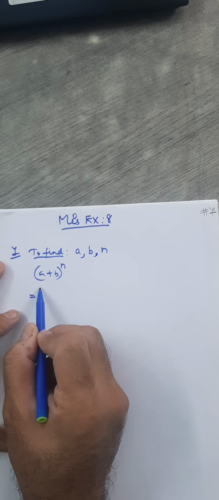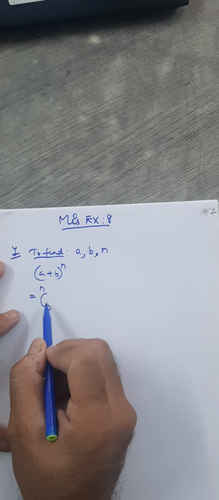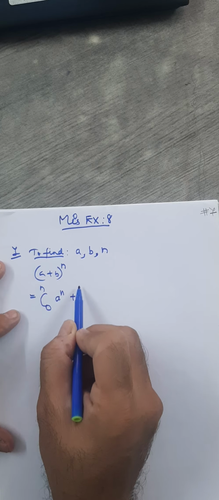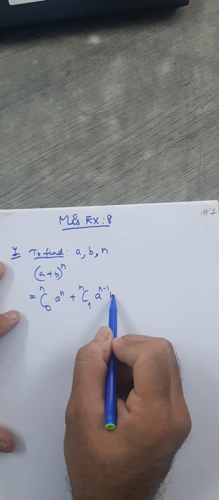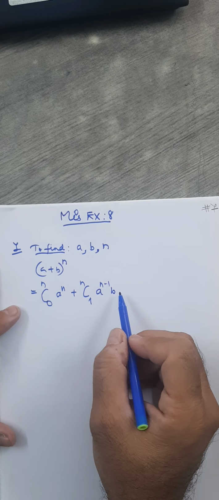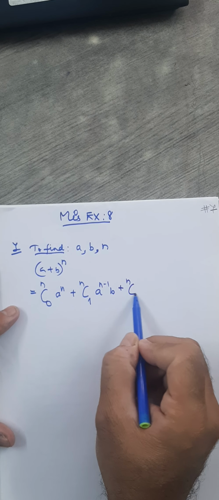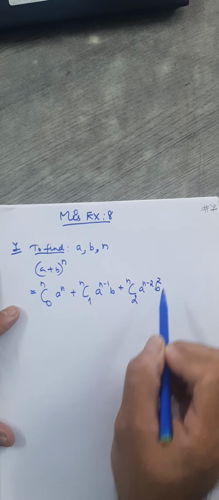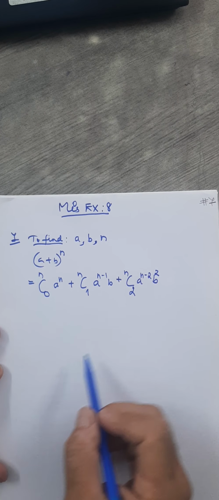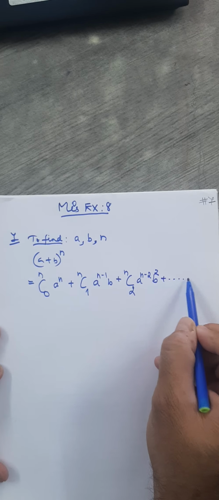So let's write at least the first 3 terms here: nC0 into a raised to n, nC1 into a raised to n minus 1 into b, plus nC2 into a raised to n minus 2 into b squared, and so on till last.